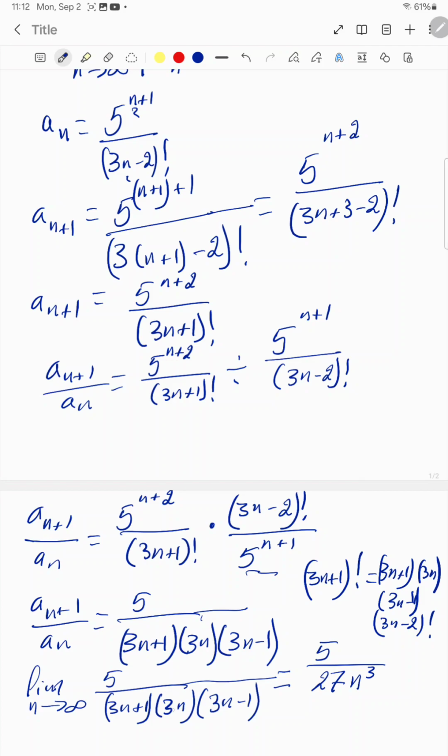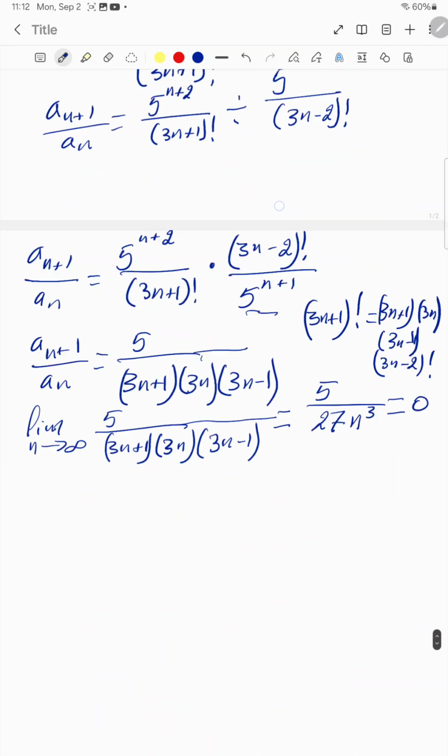If you multiply it, 3n times 3n is 9n squared, but I have to multiply them by 3n minus 1. The answer will become 5 divided by 27n to the power of 3. And when n goes to infinity, the denominator is infinity. 5 divided by infinity is equal to 0.